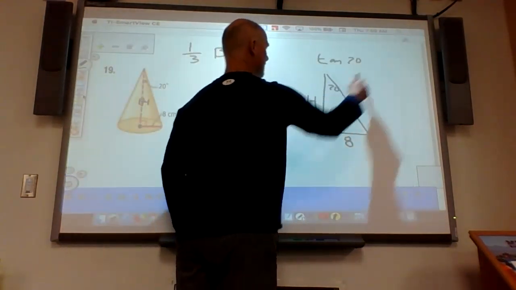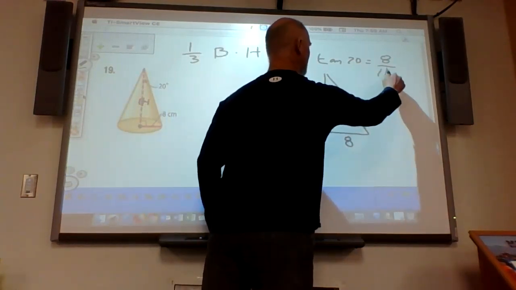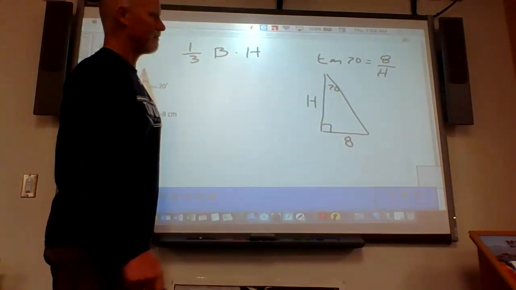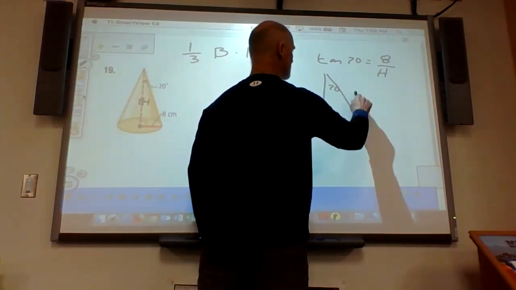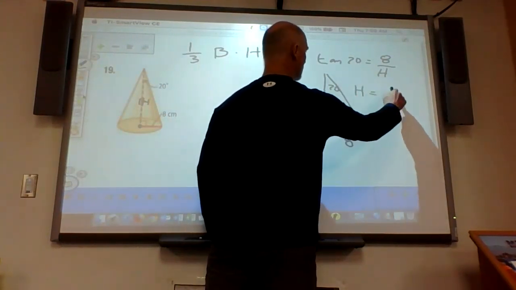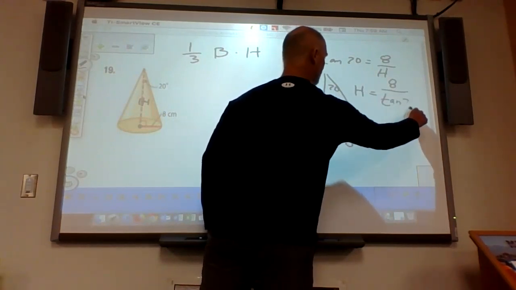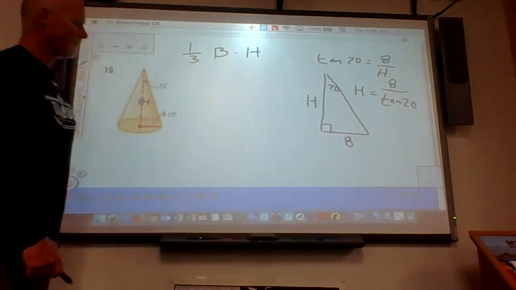So the tangent of 20 would be equal to 8 over h. And remember, when h, or the variable, is on the bottom, we interchange these. So h would be equal to 8 divided by the tangent of 20. When you get that value, you're going to put that in there.